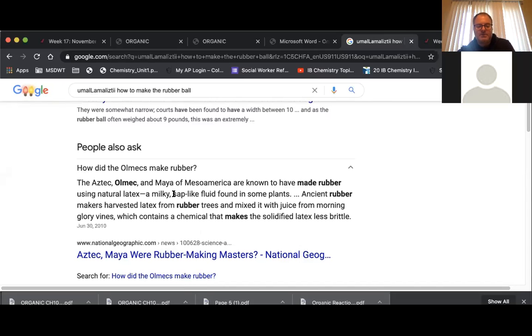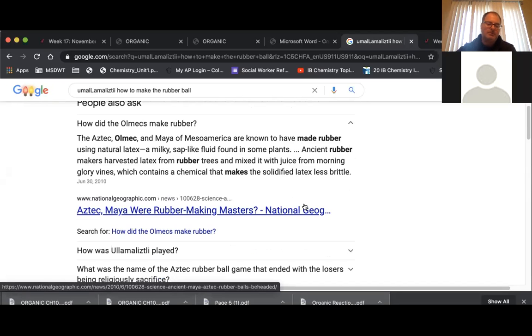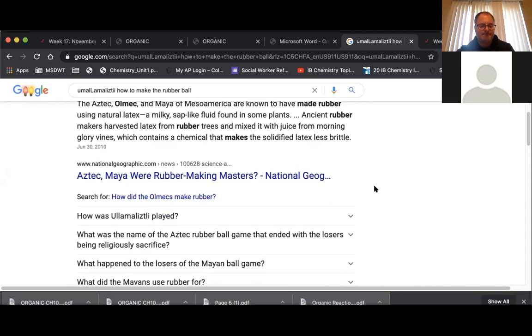Basically, they would use the sap and then mix it with morning glory vines. It's pretty cool. It wasn't until the early 1900s when Goodyear made vulcanized rubber. I believe so, yeah.